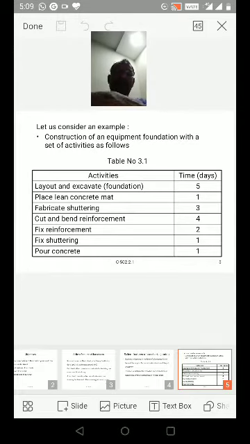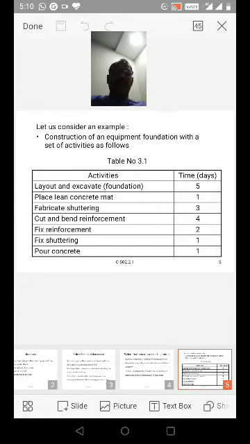The activities are layout and excavate foundation, place lean concrete mat, fabricate shuttering, cut and bend reinforcement, that is the bar bending schedule, fix reinforcement, fix shuttering, and pour concrete.